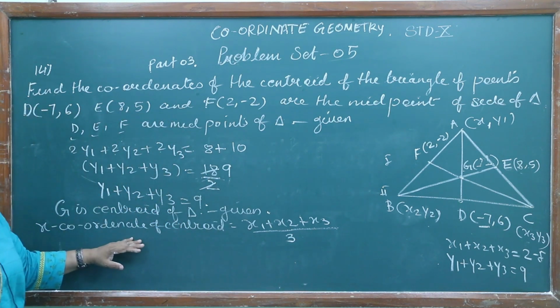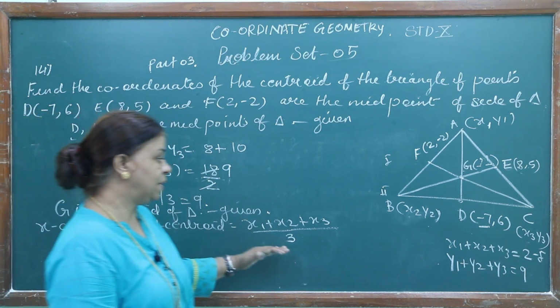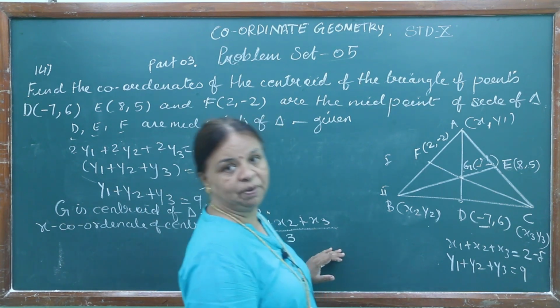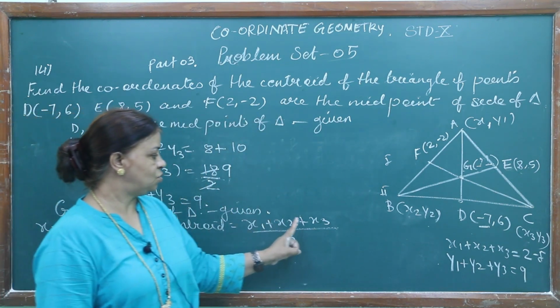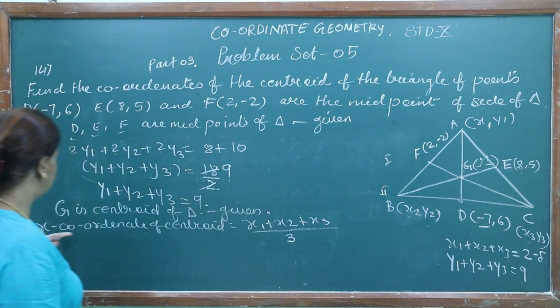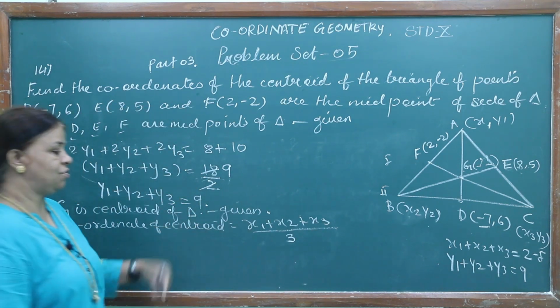This is the formula for the centroid. We have done it in the earlier video. It is also explained how to derive it and what the formula is. So x1 plus x2 plus x3 upon 3 is the x coordinate of the centroid.